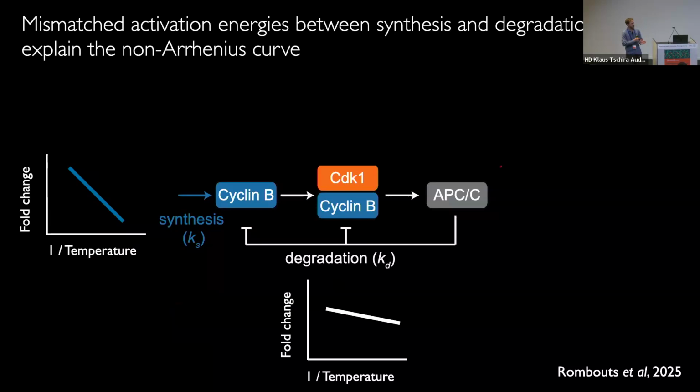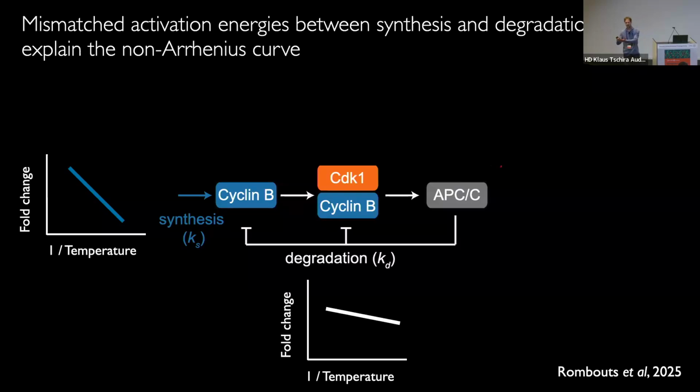Shortly, what mechanistically can explain this non-Arrhenius scaling is the fact that you've got these two key processes, synthesis and degradation, and they've got a mismatch in how sensitive they are to temperature. So the scaling of these processes is different with respect to temperature. And that means that at cold temperatures, basically, the synthesis falls away faster than the degradation, so you get stuck in interphase at low CDK1 activity.